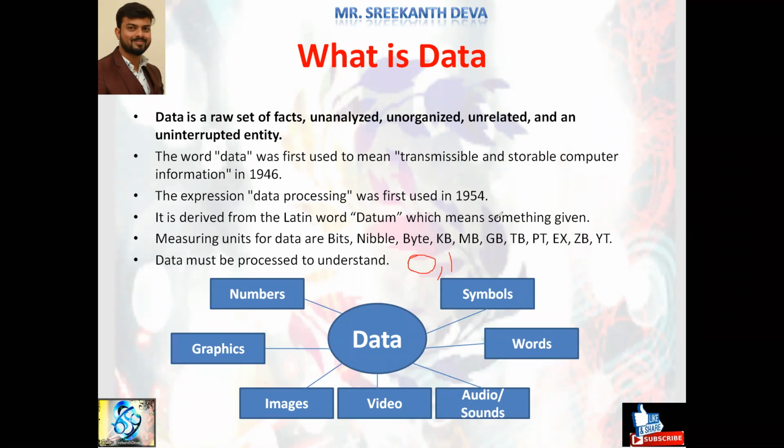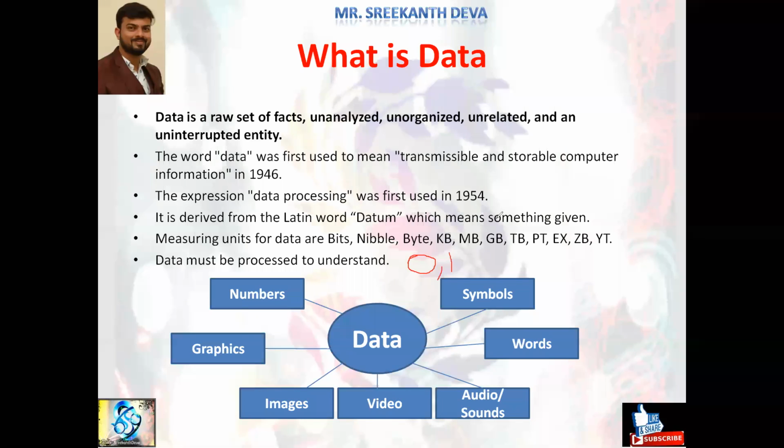The data is represented either in the form of numbers, graphics, symbols, images, audio, video, words, text, files. Whatever we are instructing to the computer, you can remember those are all data, before processing.